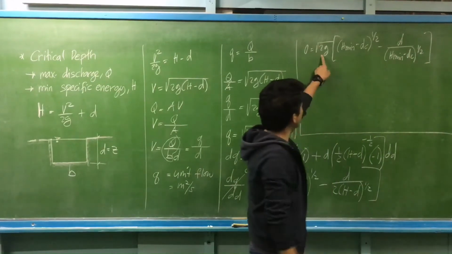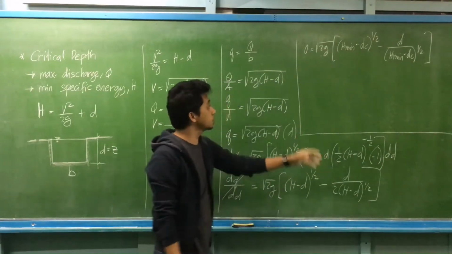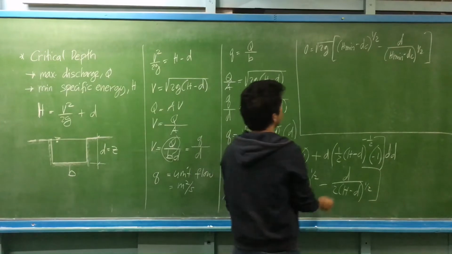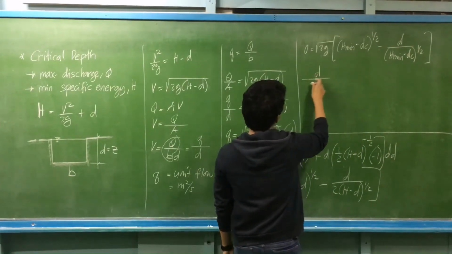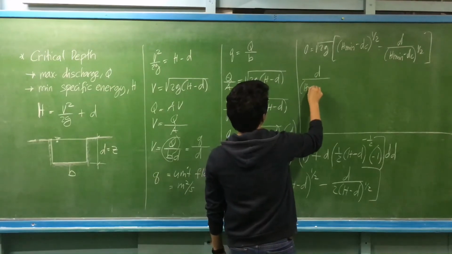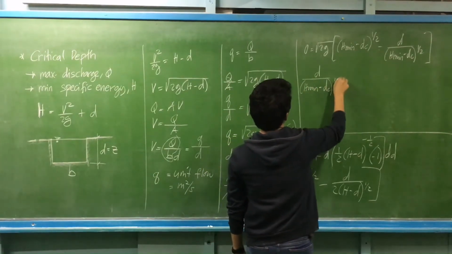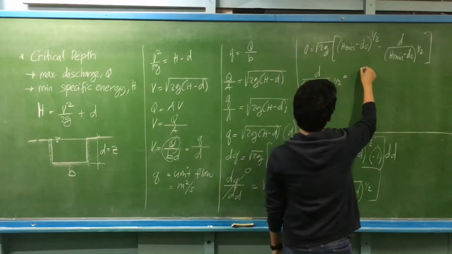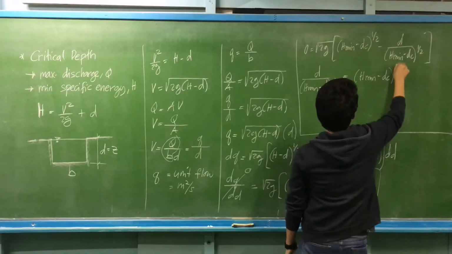Then 0 divided by the square root of 2g is the same as 0. I can transpose the negative term to the other side. That is the same as d divided by twice H minimum minus critical depth raised to 1/2 is now equal to H minimum minus critical depth raised to 1/2.